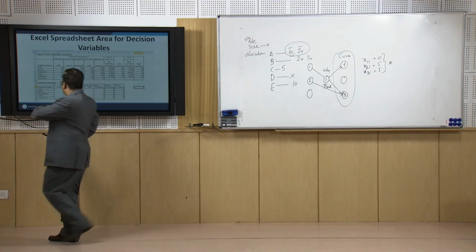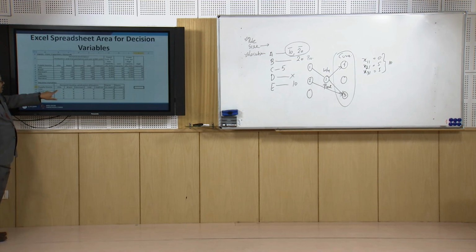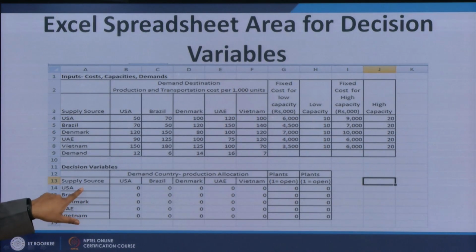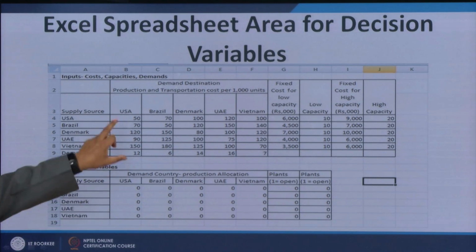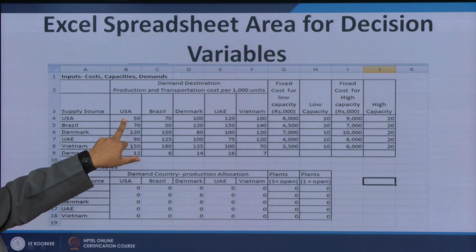So one cost will come from whatever you are supplying from USA to USA, from USA to Brazil, and so on. Those units you will multiply with the cost of transportation.